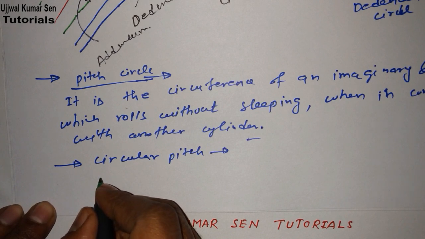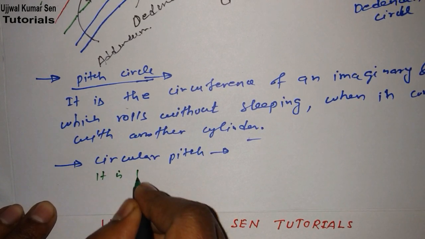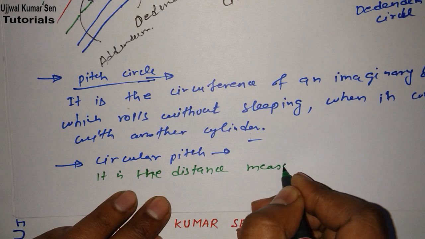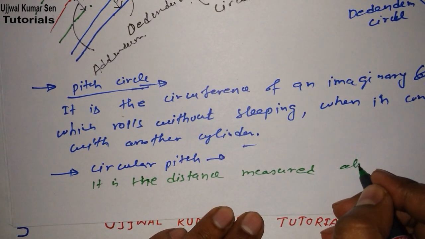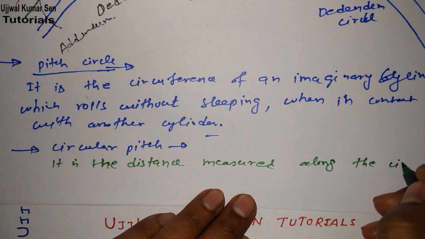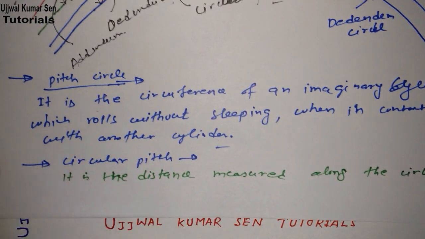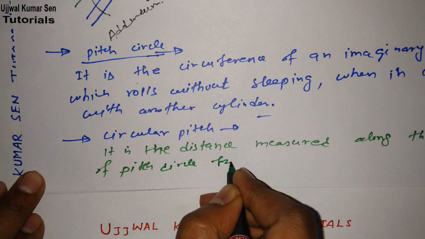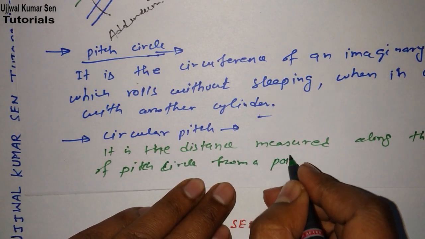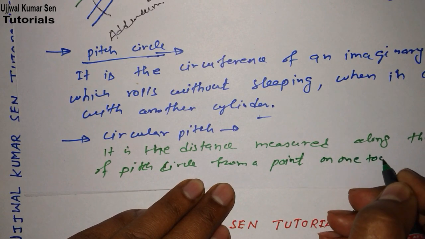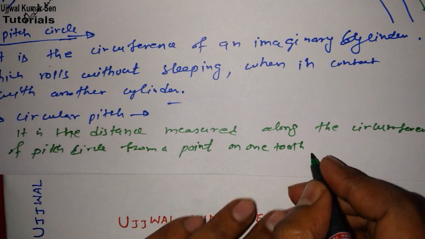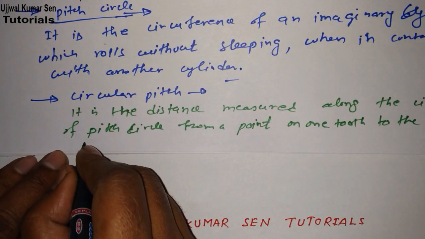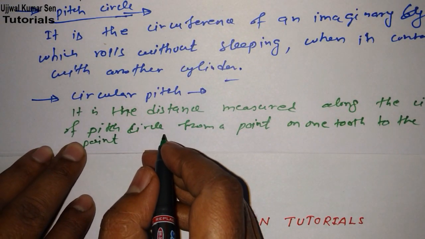So the definition is this: it is the distance measured along the circumference of pitch circle from a point on one tooth to the corresponding point on the next tooth.